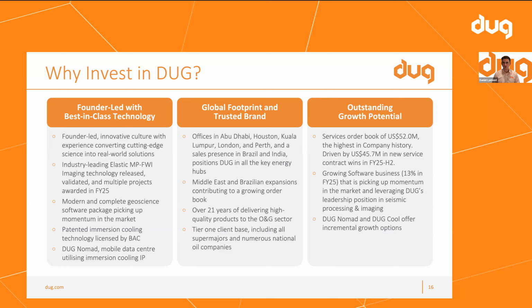So it seems to be pretty steadily climbing now to a point where we're over half the order book, over half the wins. And I think that's what we expect. We expect that to continue, and we expect the proportion of conventional versus MPFWI to keep skewing to MPFWI as that technology is really genuinely accepted, desired in the industry. Yeah, thank you.